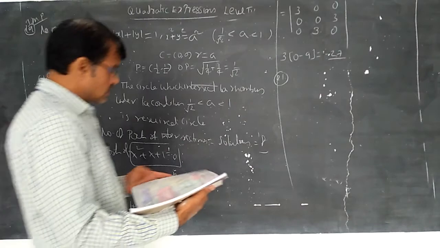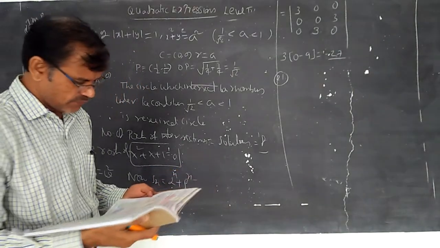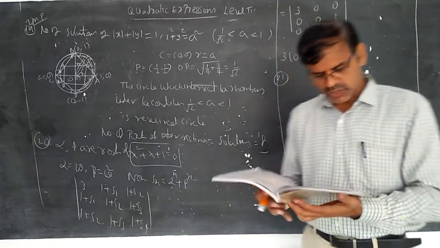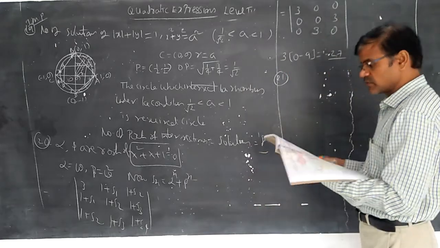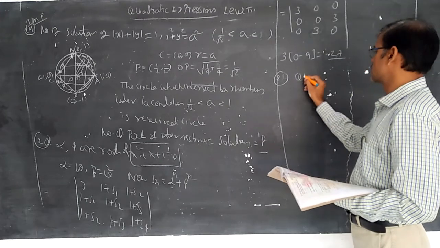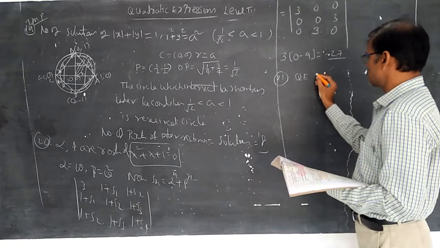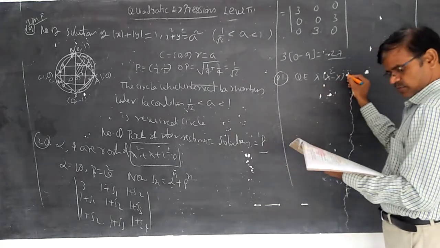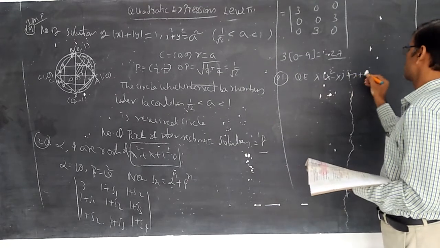Second option. Now 21st question. If alpha, beta are the roots of the equation lambda into x square minus x plus x plus 5.